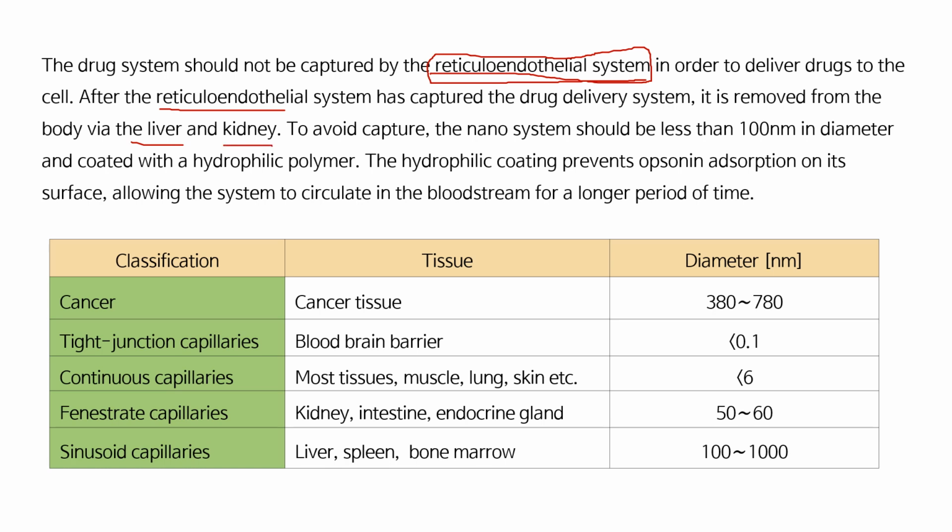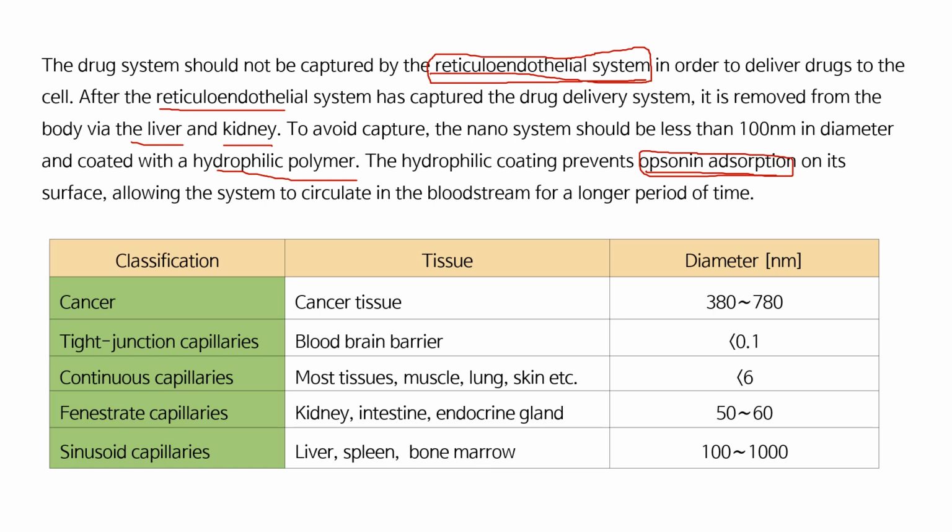To avoid capture, the nanosystem should be less than 100 nanometers in diameter and coated with hydrophilic polymer. Hydrophilic coating prevents absorption of proteins on its surface, allowing the system to circulate in the bloodstream for a longer period of time.